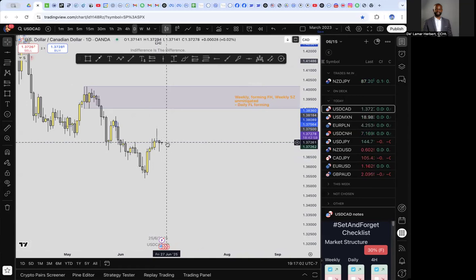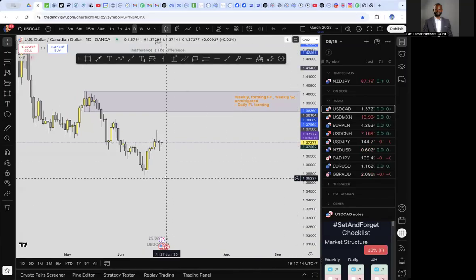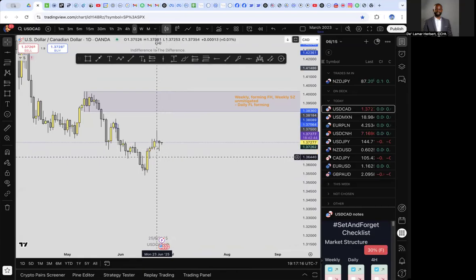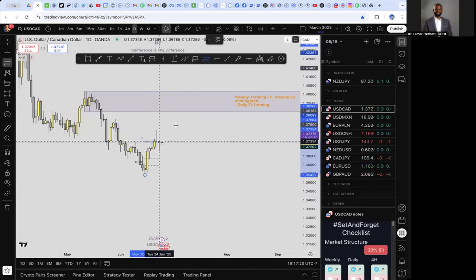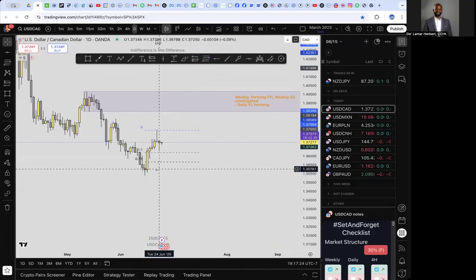If this were to close here, I would say that this is the first high, but it can do anything, right? Because this is from Tuesday. Now this is for Wednesday. So we just want to wait for that closure, and then we'll potentially have that first low there on the daily, and then this will be one of the areas of interest.